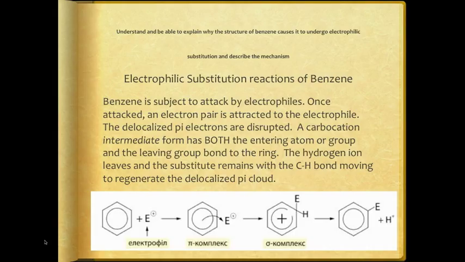A carbocation intermediate form has both the entering atom, the E, and the exiting atom, H, a hydrogen, attached to the benzene ring for a very short time. The hydrogen ion leaves and the substituent remains, and allows the pi bonds to reassert themselves and become again the benzene ring.